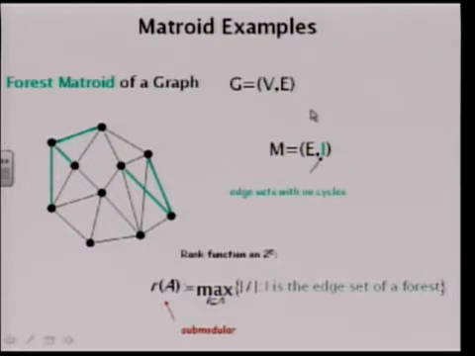Subsets of these edges E, where I only care about edge sets with no cycles. For instance, here are 3 edges, okay? And I don't have any cycle, right? And this is 2 edges on these 3 nodes. I don't have any cycles. So I can define that.